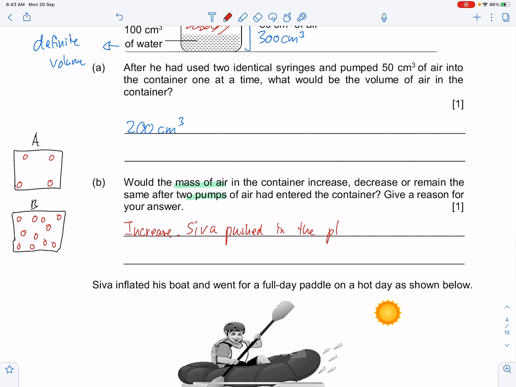That's your evidence. So more air added into the container.